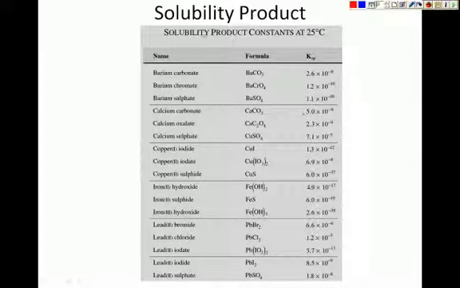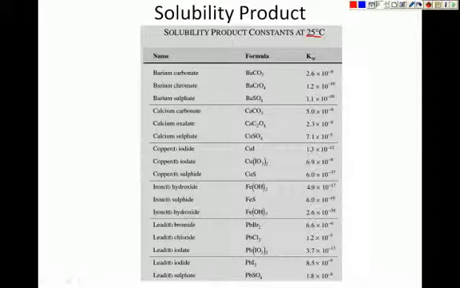You'll be given this chart, which has a whole bunch of different KSP values, or solubility product constants, at 25 degrees. Remember, just like KEQ, the only thing that changes this constant is temperature, so all of these are set at 25 degrees.